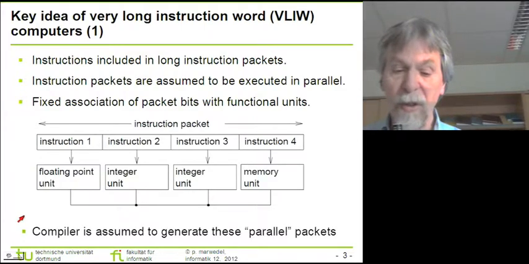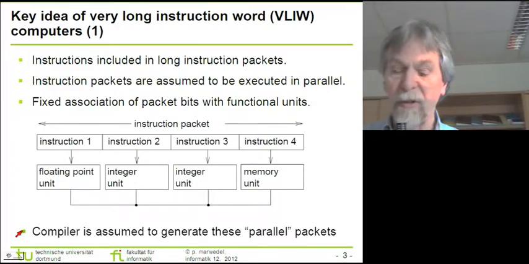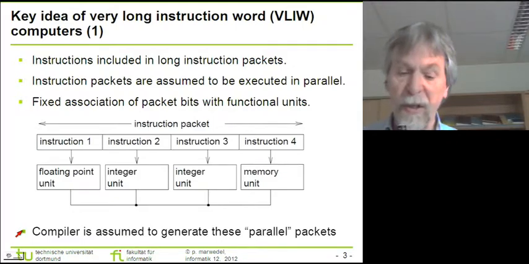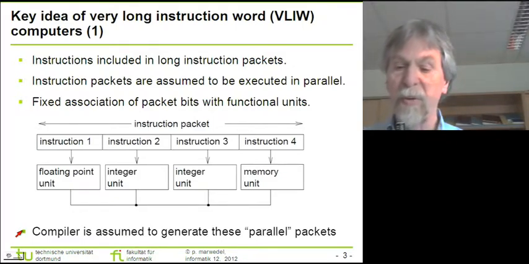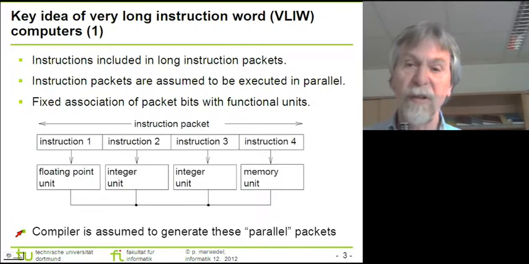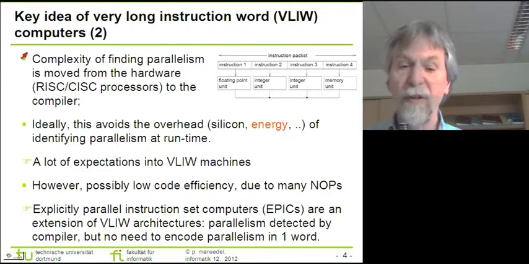Furthermore, more savings are feasible because we assume that now the compiler is in charge of generating these parallel instruction packets. This means that we are not relying on custom hardware to actually figure out which of these instructions can be executed in parallel, but we leave this to the compiler.